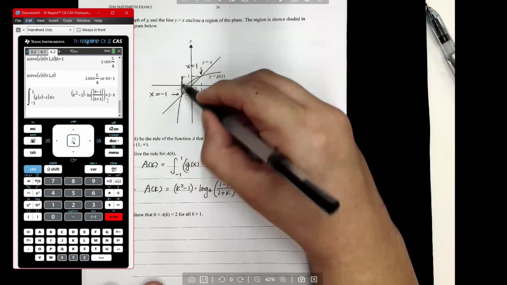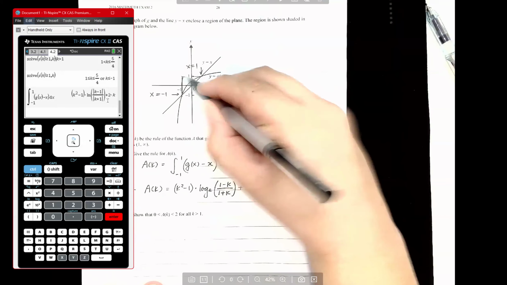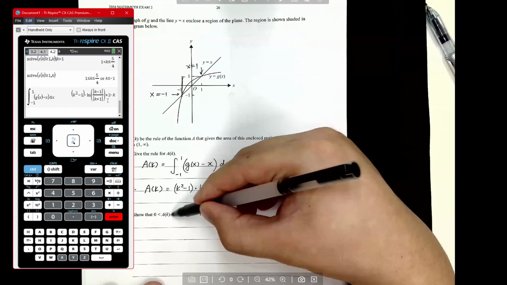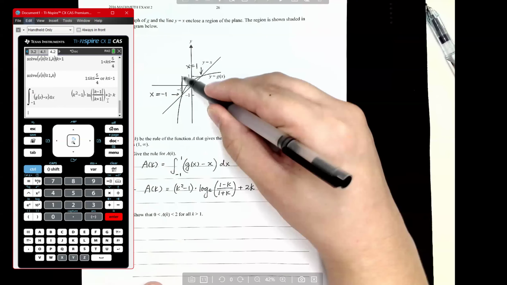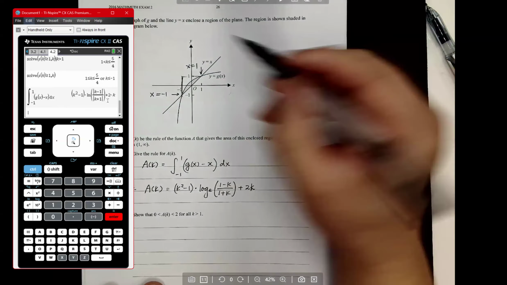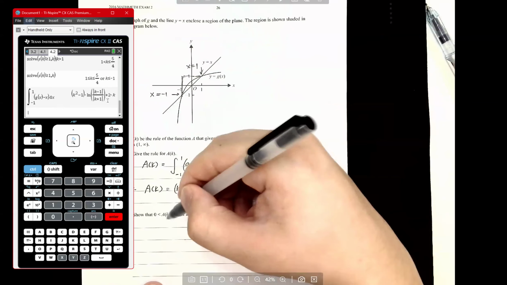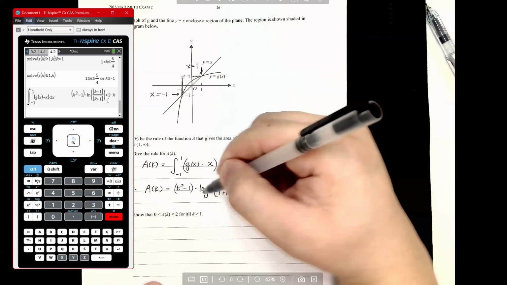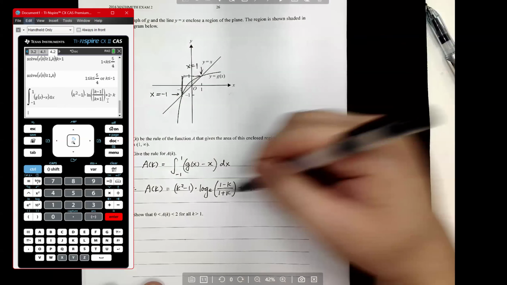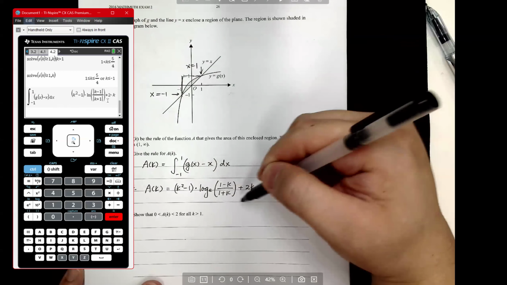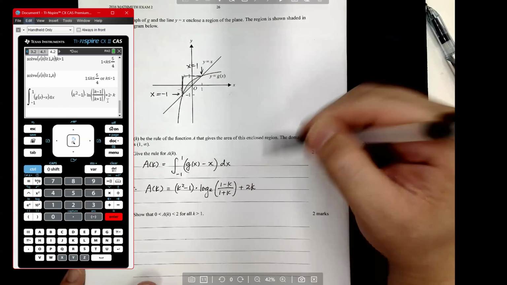So you argue, okay, it never exceeds these two boundaries. That's why it's always less than 2, because the area of the isosceles right angle triangle is 2. And then when k approaches, let's say, 1, then everything will be approaching 0, something like that, okay?